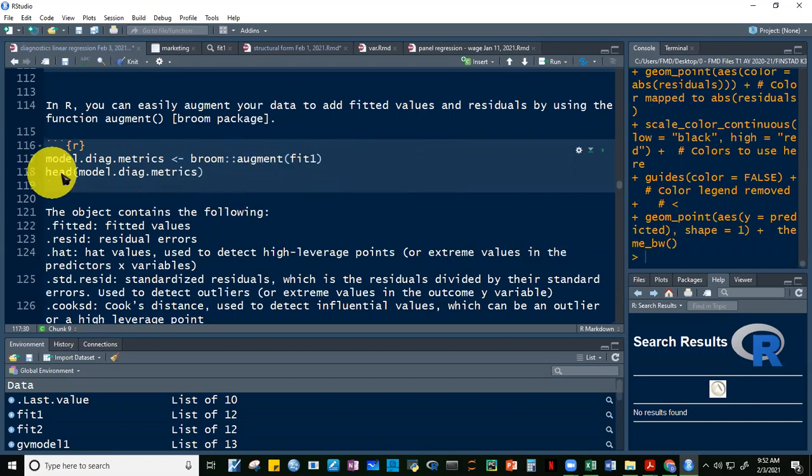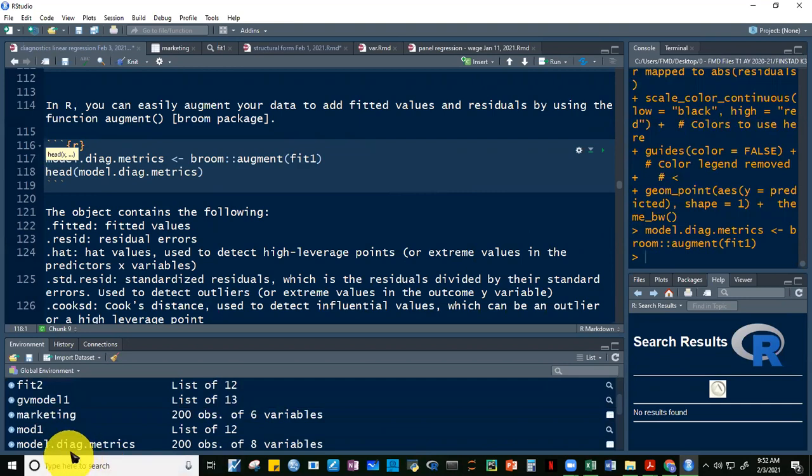Let's create an object called model.diagnostics.metrics, and we're going to augment the fit one, the model one. Now we have model.diagnostic.metrics here. Take note, it has 200 observations of 8 variables. Let's click this.